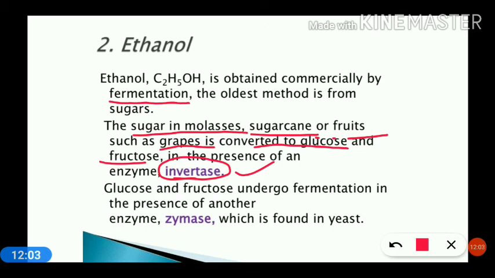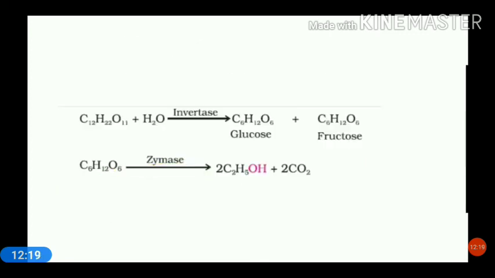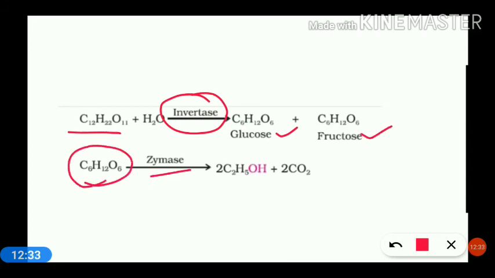This glucose and fructose undergo fermentation in the presence of the enzyme zymase, which is present in yeast, and give rise to the compound known as ethanol. You can see the reaction. This is the sugar. When this sugar reacts with invertase, it gives glucose and fructose. This glucose and fructose in the presence of zymase give ethanol, and carbon dioxide is released as a byproduct.